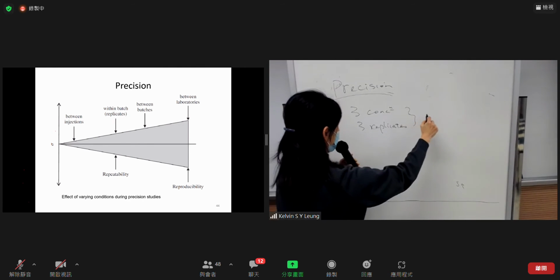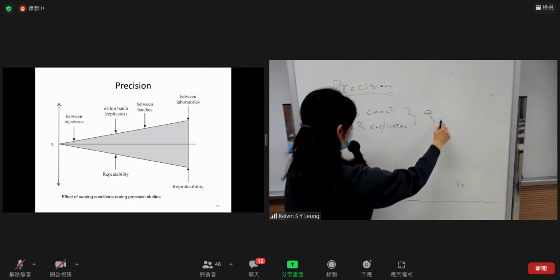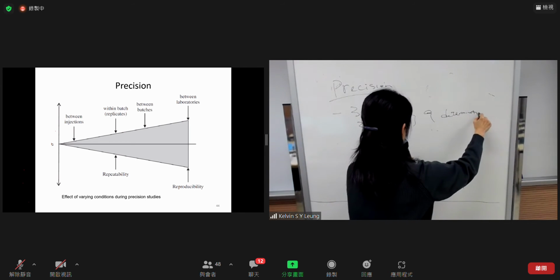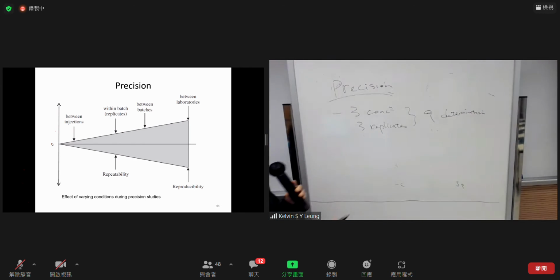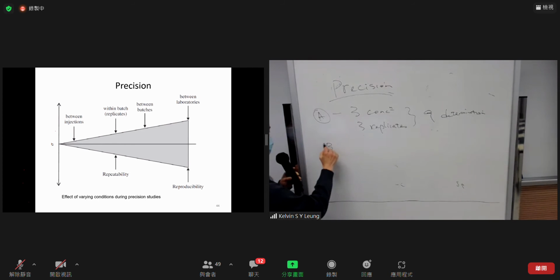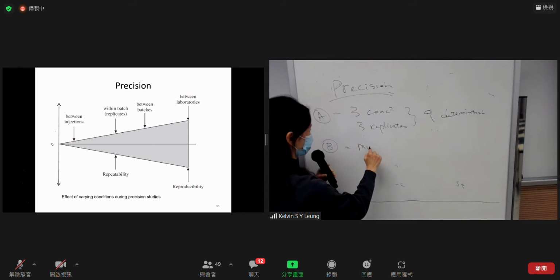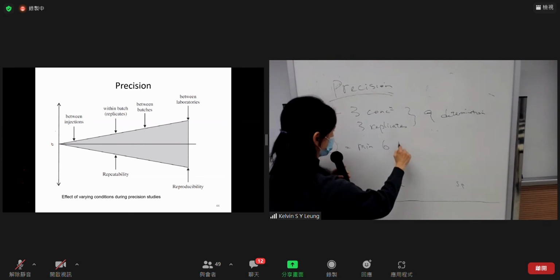That means altogether 9 determinations, as we do in the accuracy. If not, maybe this is one of the options in the pharmaceutical industry. If not, then you can have a minimum of 6 determinations.